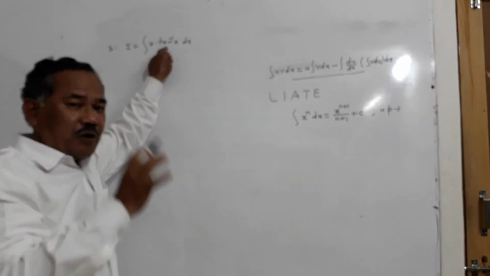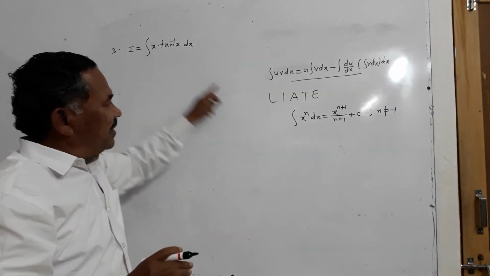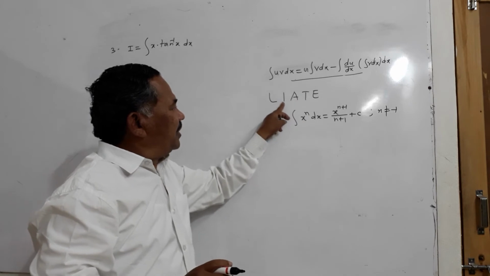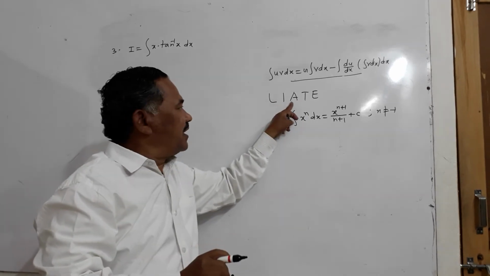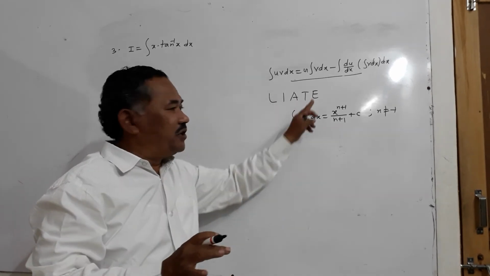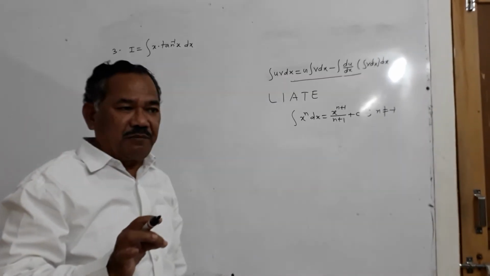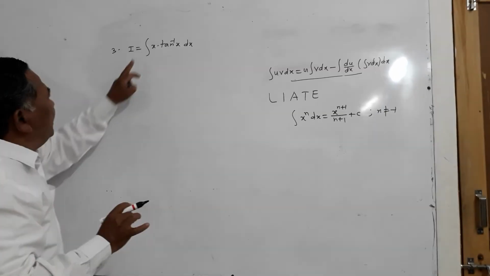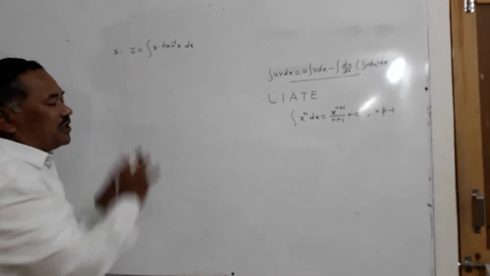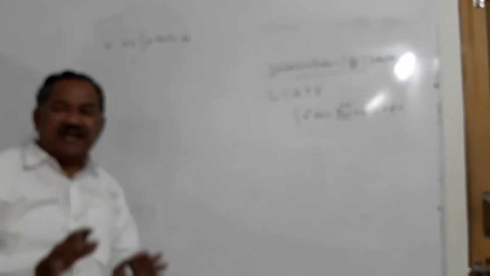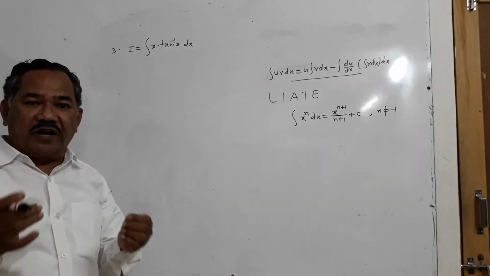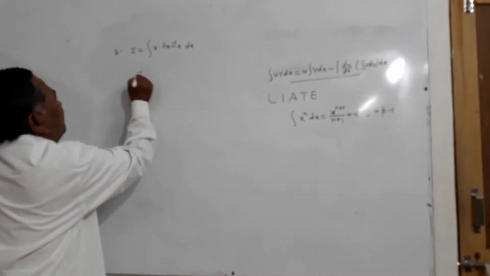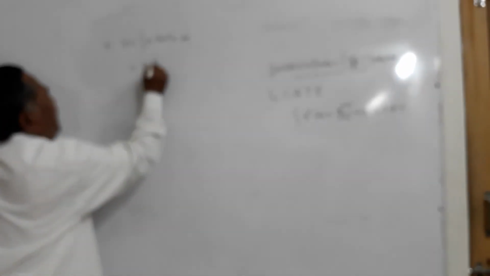Tan inverse of x is first, and this is second, because ordinarily the first is an inverse function, the second an algebraic function. Therefore, remember this terminology carefully in your mind for your convenience. Here we do not mention immediately that u equals tan inverse x and v equals x. That part we keep in our mind. Therefore, here equal to the first function as it is, tan inverse of x.